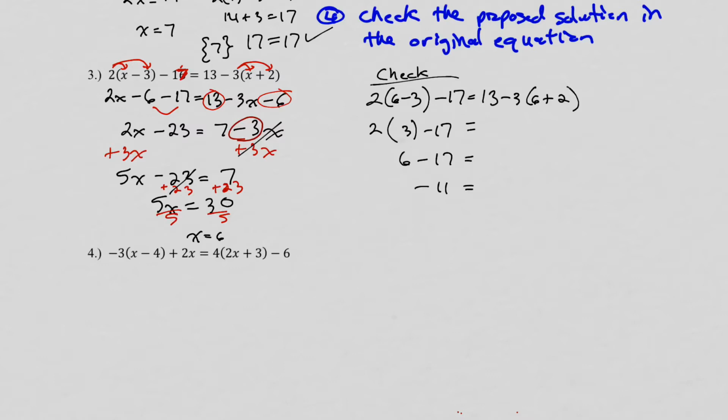We go to the right side, see what that equals. 13, 6 plus 2 is 8. 3 times 8 is 24. 13 minus 24 is negative 11. So we just checked and verified that this proposed solution is in fact the solution set.